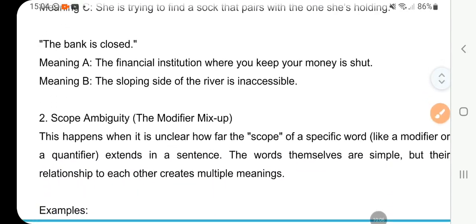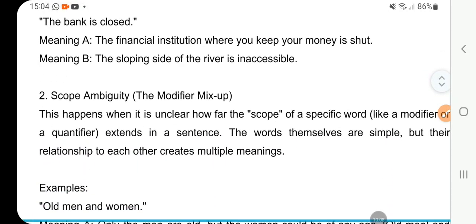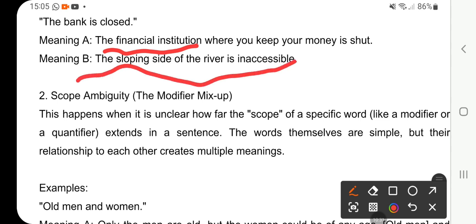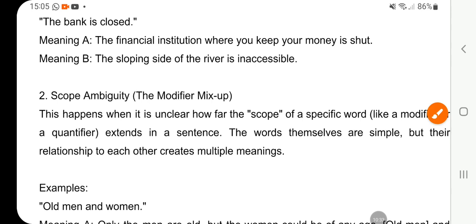Now next example, the bank is closed, right? So a financial institution is called a bank, right? So the bank is closed, where you keep your money. And the sloping side of the river is inaccessible. You must have heard that sometimes tragedies happen at the river bank, right?